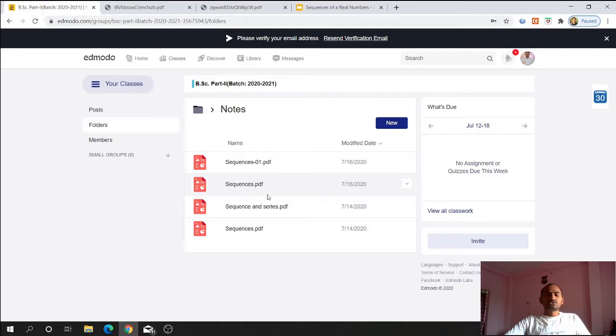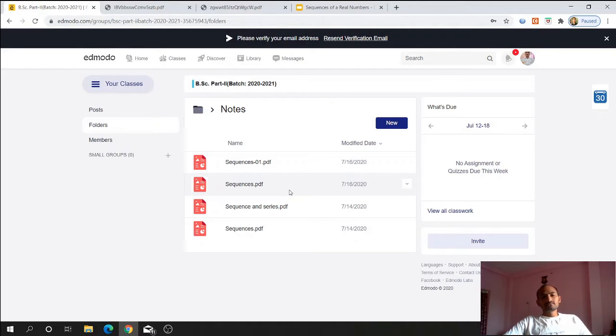Today we are going to learn what is sequence, then what is a real sequence. After that we will learn the range of sequence, then the notation for the given sequences.